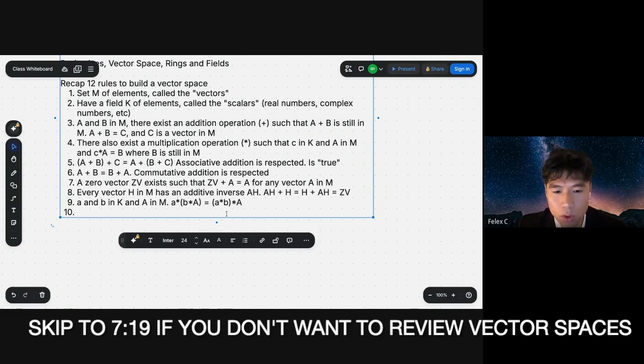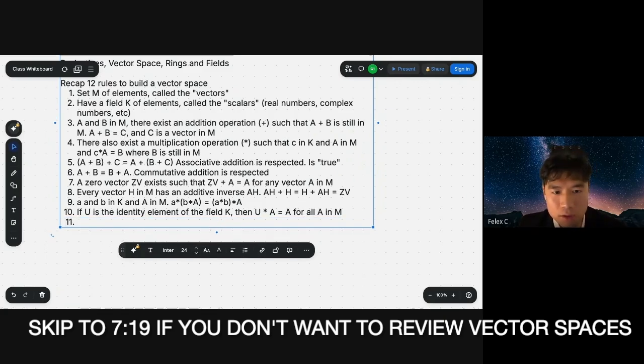So the multiplication operation respects the kind of associative rule. Now, if U is the identity element of the field K, then U times A is equal to A for all vectors A in M.